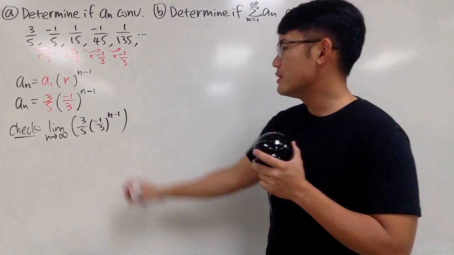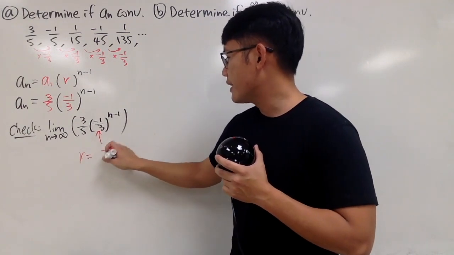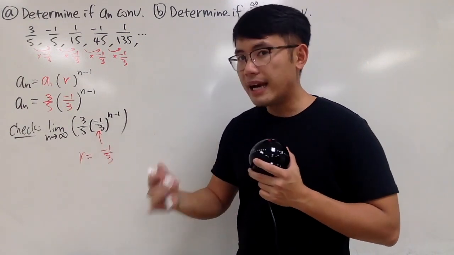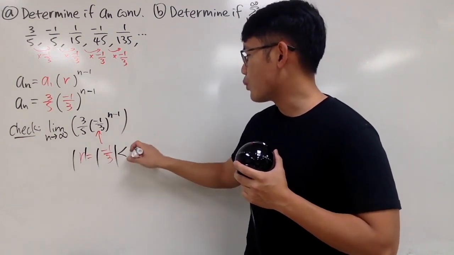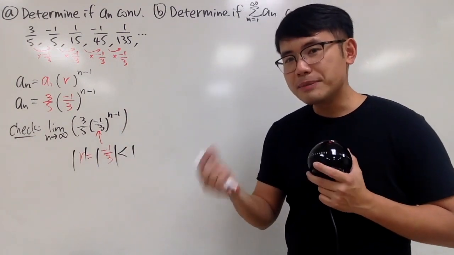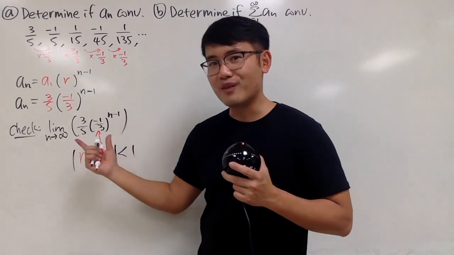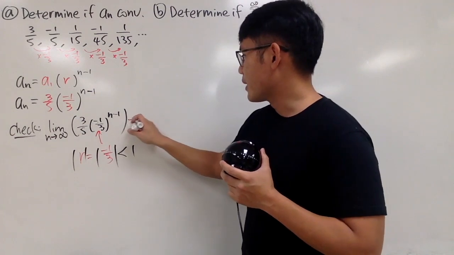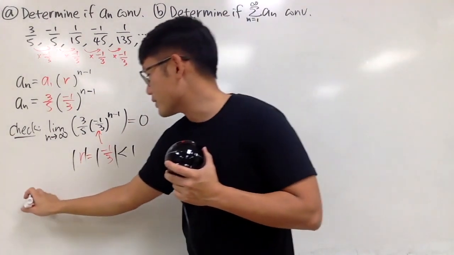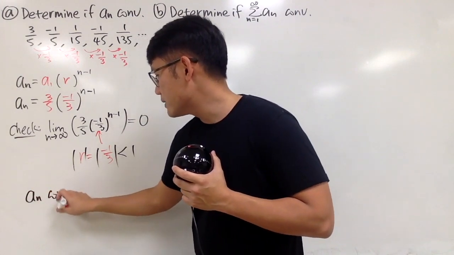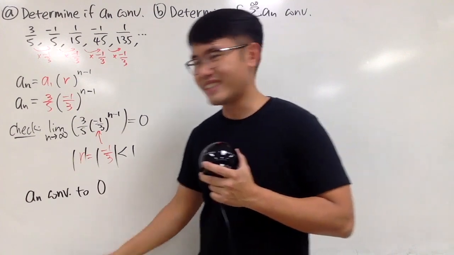Whenever this happens, just look at what the r is. The r in our case is -1/3, and the absolute value of r is less than 1. As long as the absolute value of r is less than 1, this will converge to 0. The limit right here is equal to 0. So to answer this, a_n converges, and it converges to 0.